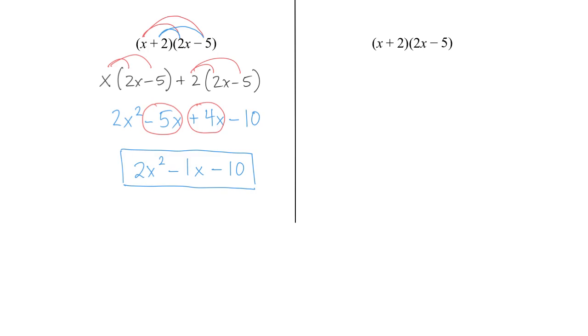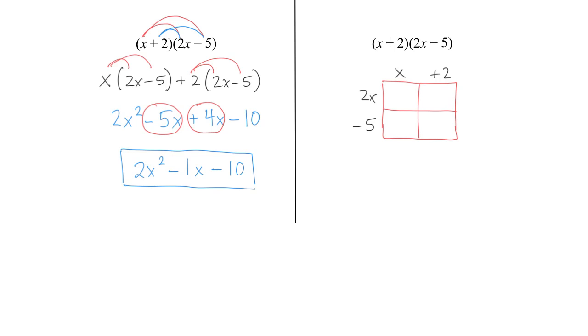Okay? Area model is just a visual way of doing the exact same thing. This is a 2 by 2, so I'm going to draw a box that's 2 by 2, like so. One binomial goes on the top and the other goes on the side.